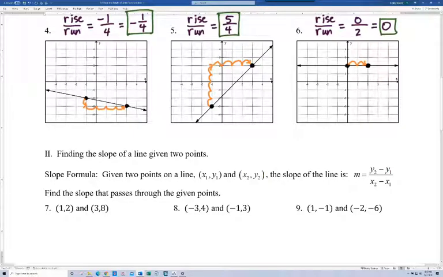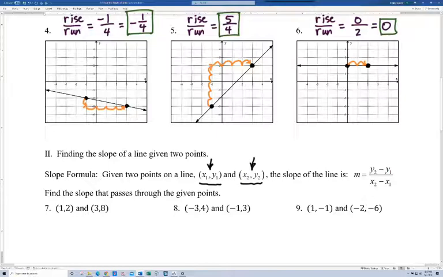And so it says here, given 2 points on a line, we're calling them x sub 1, y sub 1, and x sub 2, y sub 2. And really all that means is we've got the first point here and the second point here. So y sub 2 is just the y value of the second point. That's all that means. Sometimes those little subscripts will bother people.